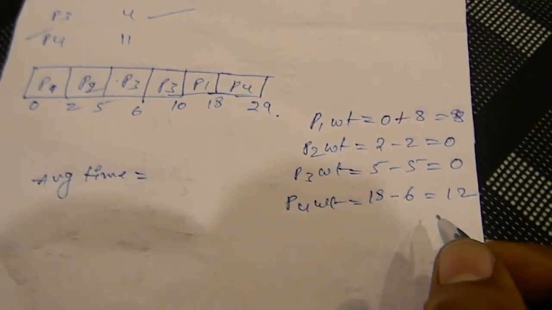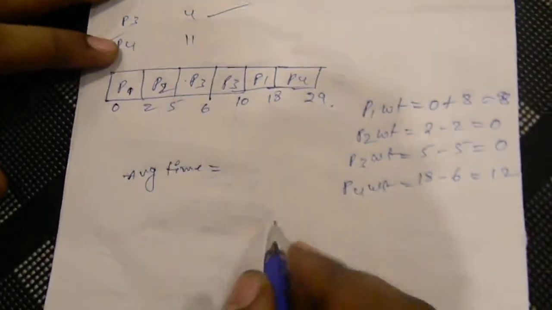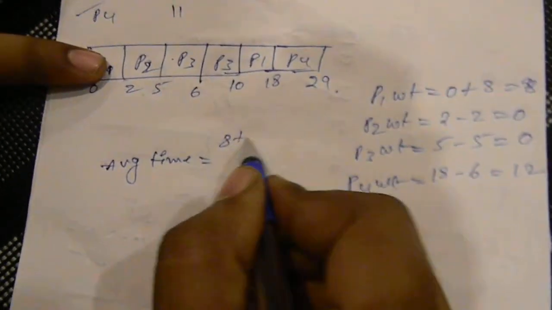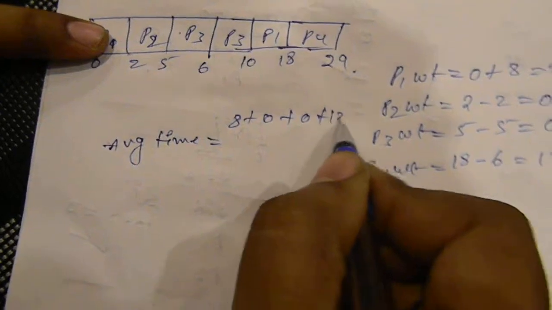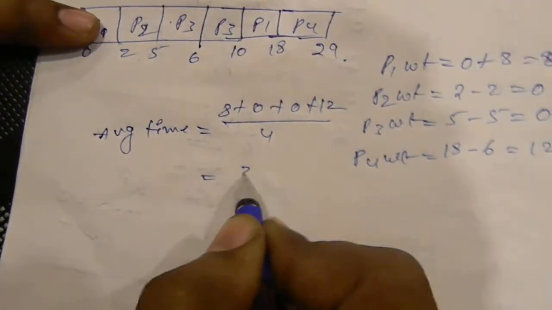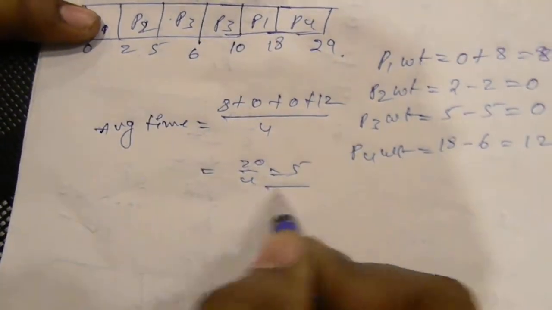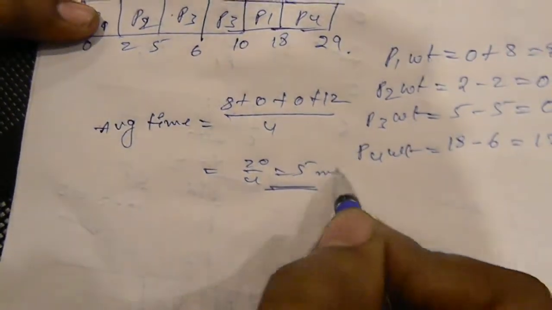Coming to the average waiting time: 8 plus 0 plus 0 plus 12 divided by 4, that is 20 by 4, which is 5. Now the average waiting time is 5 milliseconds.